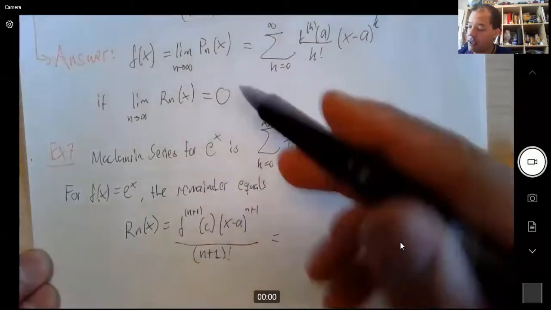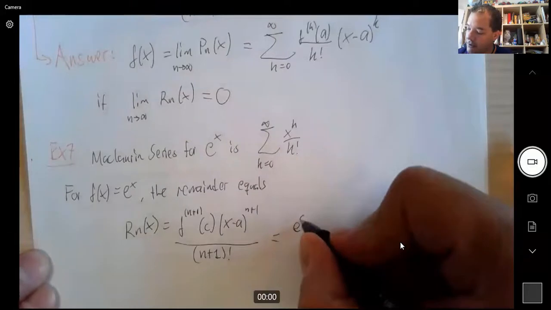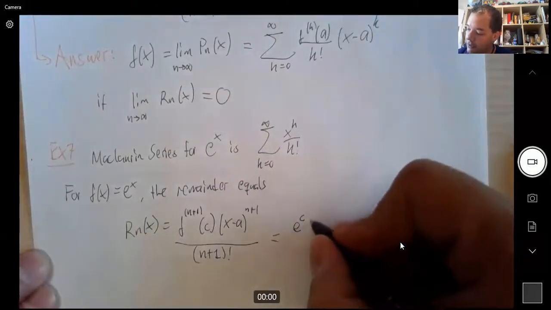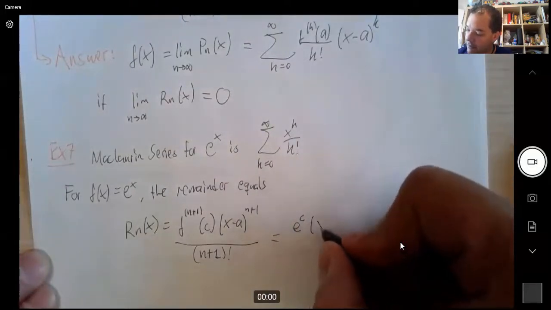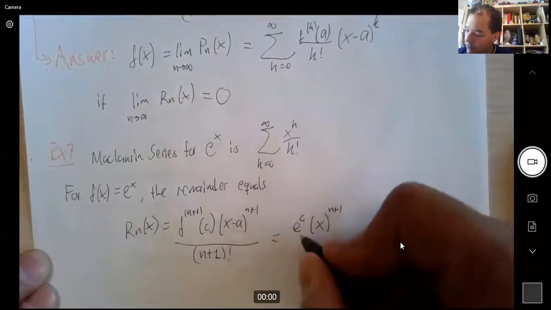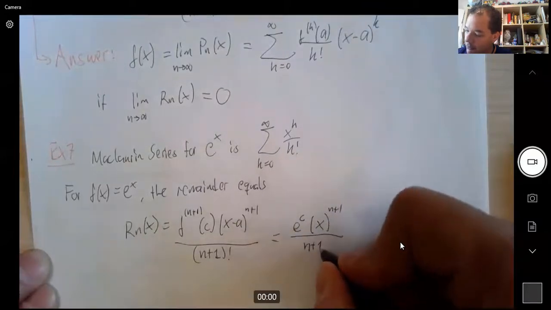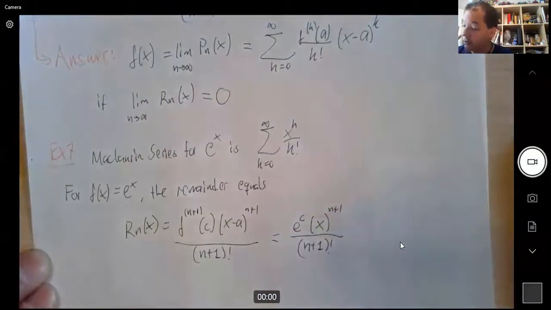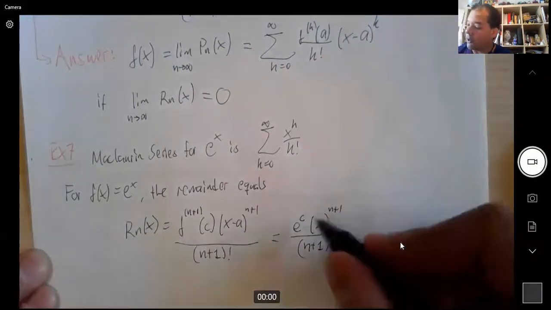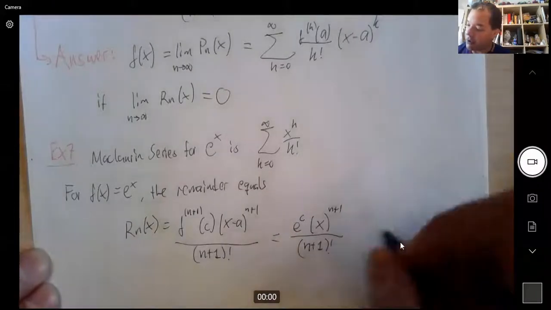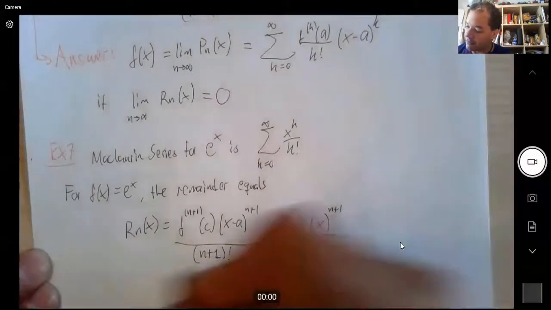So then I plug in c. So this will be e to the c times x to the power n plus 1 over n plus 1 factorial, right? Now, what do I know about c? Well, c is a number between 0 and x.